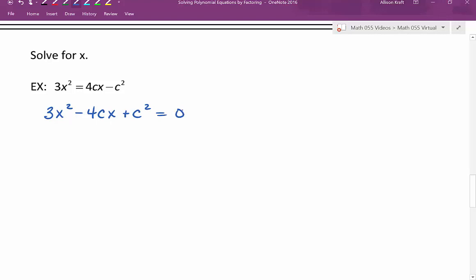We have a trinomial with a leading coefficient other than 1. So just like in the previous example, we have the option to trial and error to factor or use the AC method. A times C in the top, B in the bottom.